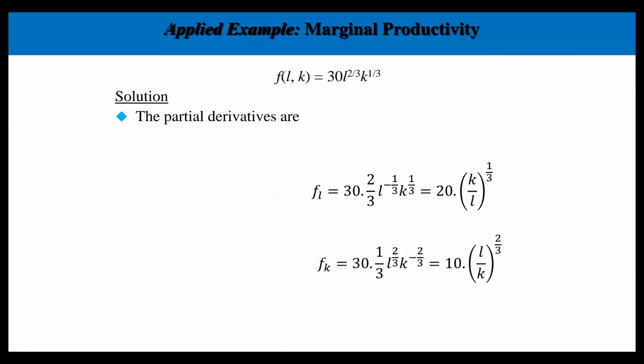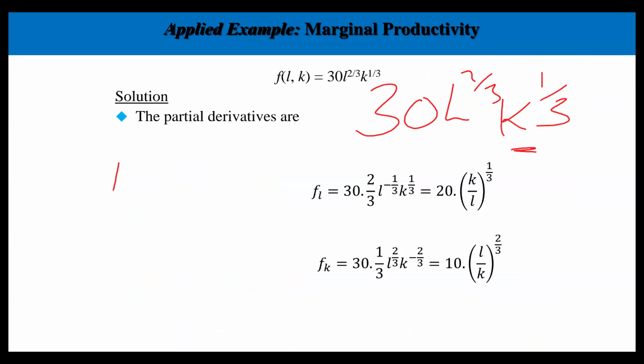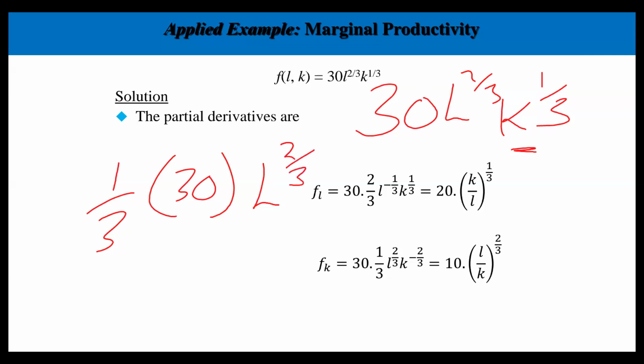Look at it again. You have the function 30L to the power 2 over 3, capital 1 over 3. Now we are differentiating with respect to capital. So drop the power for capital, which is 1 over 3, multiplied by 30, right? L to the power 2 over 3 will not be touched because they are combined together. There is times here, there is no plus.